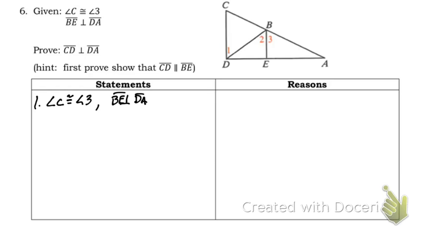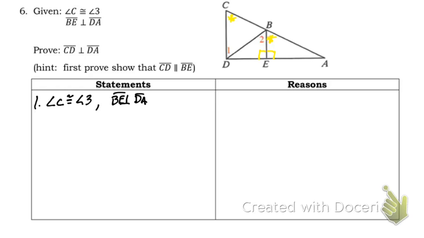It's always a good idea to look at those angles. So I'm looking at that angle is equal to that angle. And then I'm looking at BE is perpendicular to DA. So BE is perpendicular, that means this is a right angle. That's a right angle. So I got all that just from the given. Okay with that?